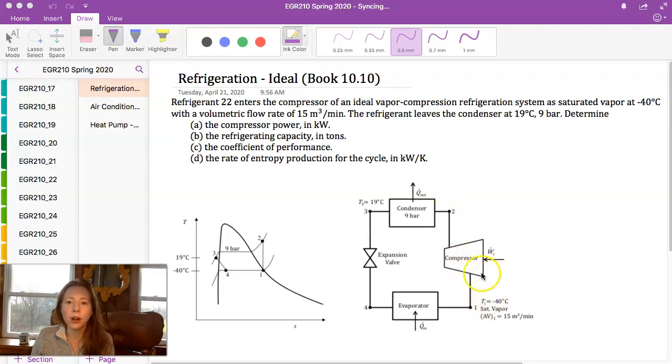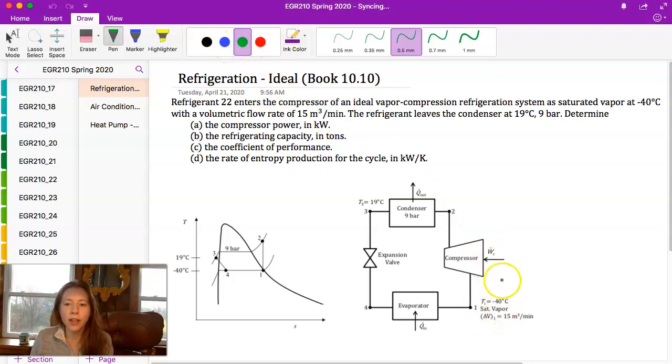Here we're starting at state 1, going into the compressor. Our initial temperature is minus 40 degrees Celsius, which, in case you're curious, is conveniently the same as minus 40 degrees Fahrenheit. We're dealing with saturated vapor.